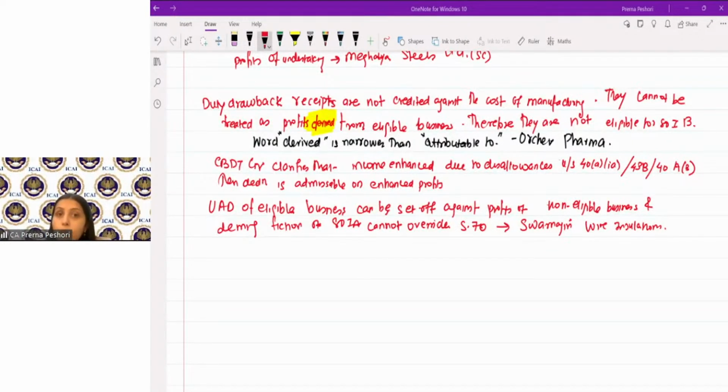But the question is whether you can set off the non-eligible business loss against the eligible one to claim the deduction. That is the question. Eligible to non-eligible you can claim. There is no problem. But non-eligible to eligible, can you claim?